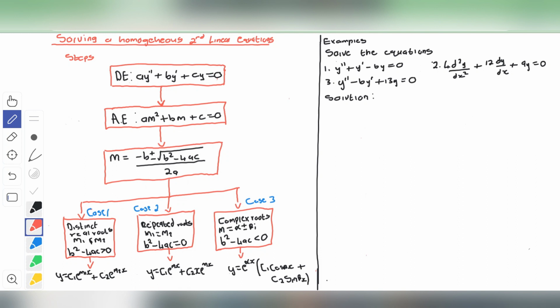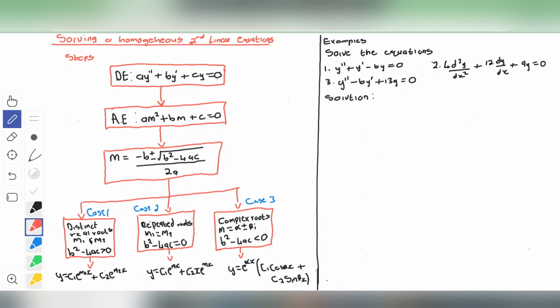So for case 3, if you calculate b squared minus 4ac and your value is negative, or less than 0, this is the formula that you're going to use, which is y equals e to the power of alpha x multiplied by c1 cosine of beta x plus c2 sine of beta x, right?